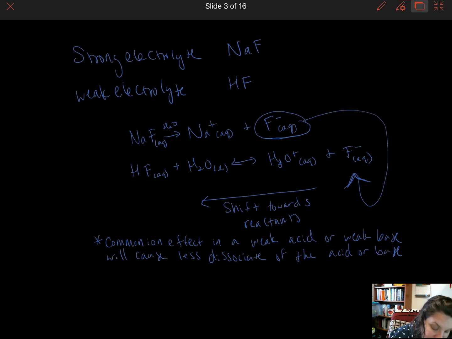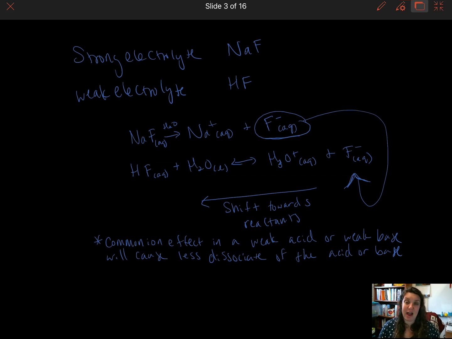So it'll basically weaken that substance, and will produce less hydronium or less hydroxide. So if we add a common ion into a weak acid, we will decrease our hydronium concentration produced, which will in turn increase our pH.